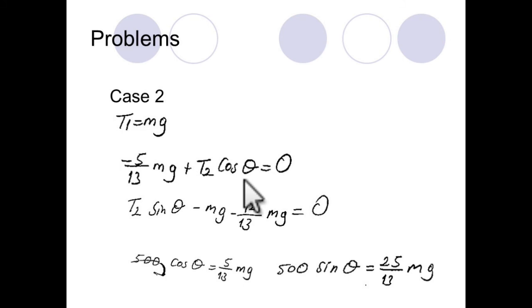Now we have two equations, and we have two unknowns. We don't know the theta, and we don't know the T2, but we know that they are coupled. Now, for the moment, let's assume that T2 carries the maximum load, which is 500.